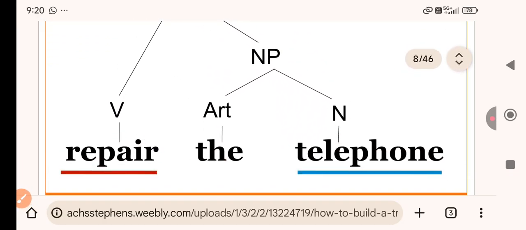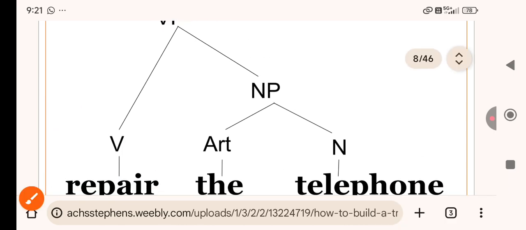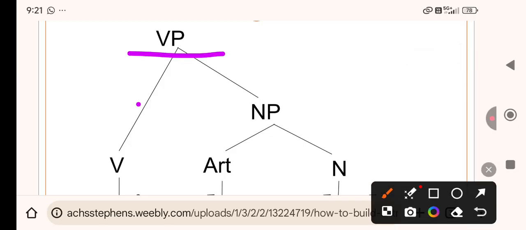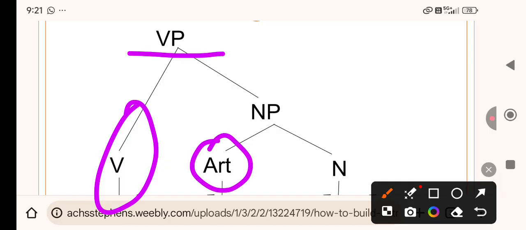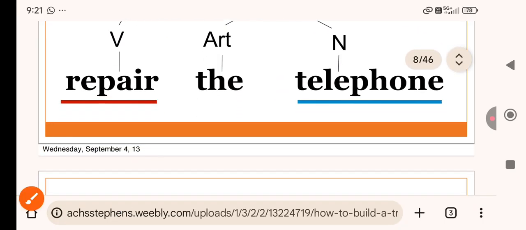It starts with repair, and that is why this is a verb, and the group of words will be known as a verb phrase. So first we drop the main verb repair, then the telephone: the is an article and telephone is a noun, so this is a noun phrase. This way we analyze.